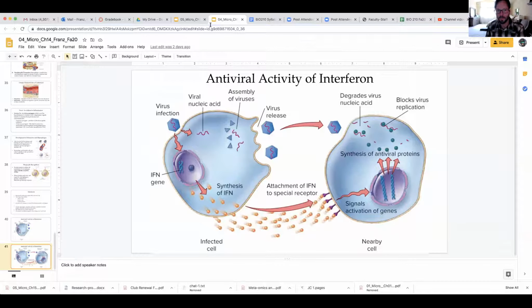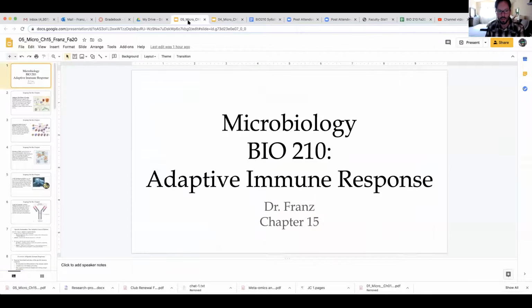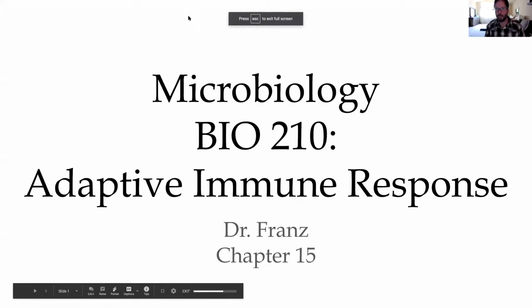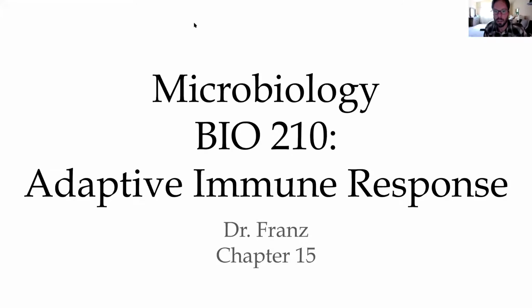Okay. Let us begin with the new chapter, the adaptive immune response, okay? Now, this is a little bit more complex. The adaptive immune response requires a higher level of sophistication in a certain way because these cells have to be selective to particular antigens, the things that are triggered as being foreign.